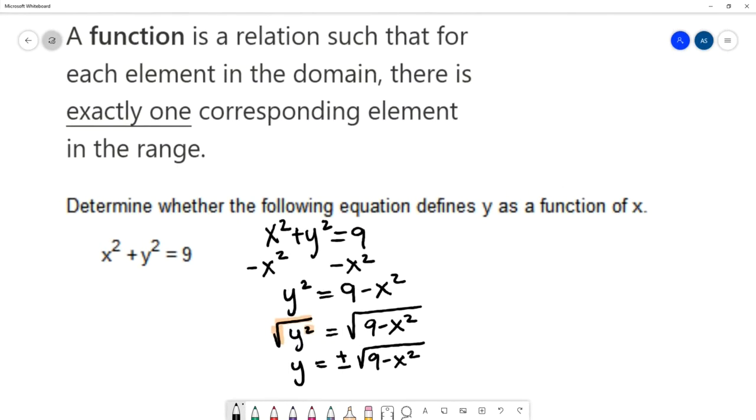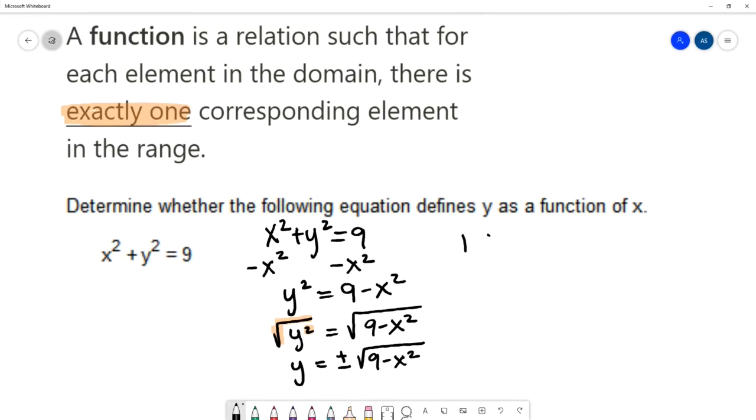And now that it's written in this format, it's much easier to tell whether this property is met. So we want exactly one corresponding element in the range.